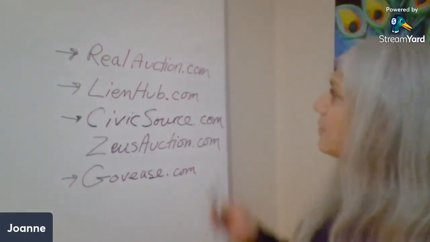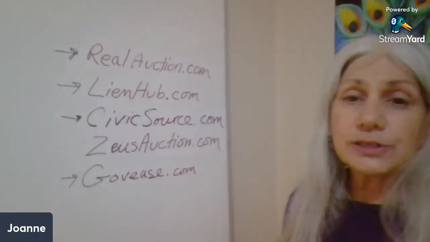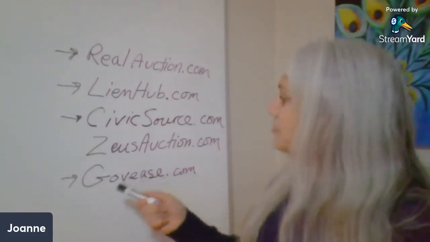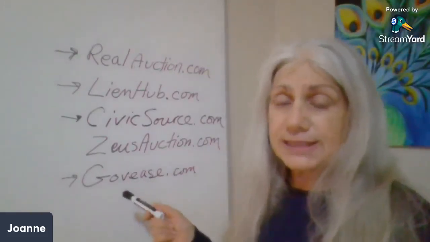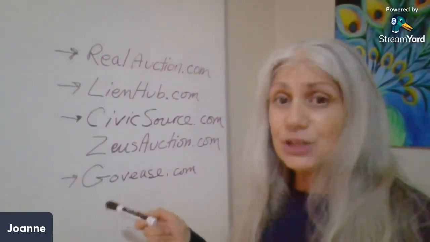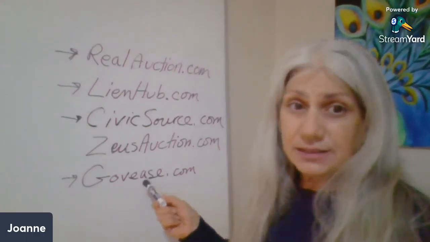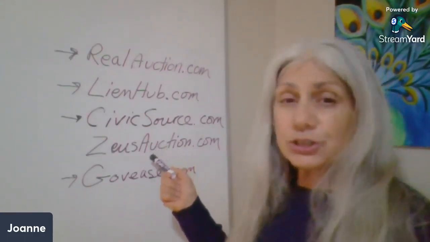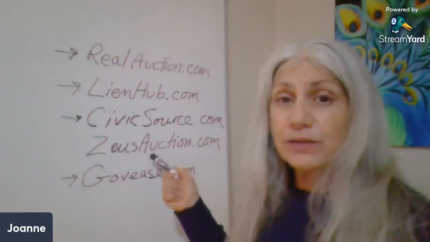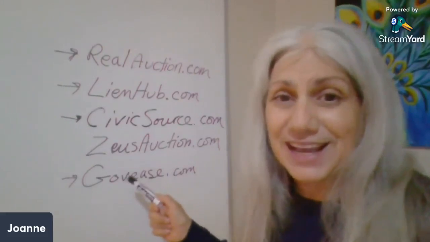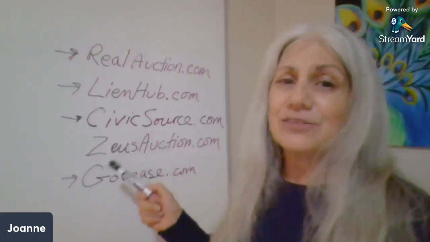And as far as the registration goes, the registration can be very different. On GovEase, you have to register with GovEase for most of these counties, and then you also have to register with the county, and you have to upload documents. With Zeus Auction, you register with Zeus Auction, and then you wait for approval from the county, but you don't have to register separately with the county. You don't have to contact the county and register with them.